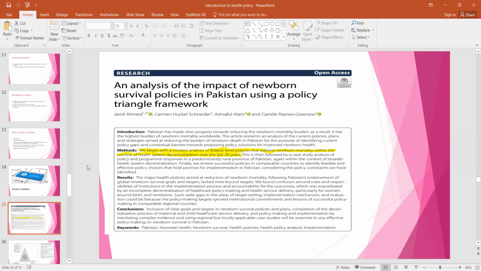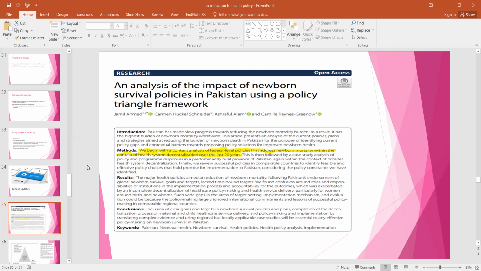Basically, in this study, they reviewed the policies of the last 15 years made on newborn survival, and then they concluded the results and put them into the policy triangle framework.